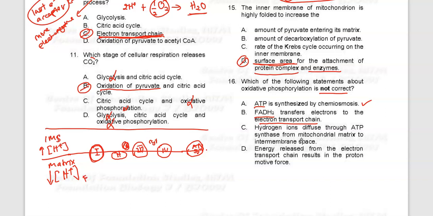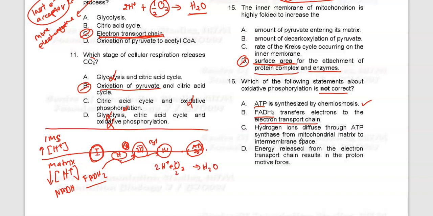The function of either FADH2 or NADH is that it carries electrons, and these electrons will be released from these two molecules and transferred. They pass from one electron carrier to another, and lastly will be received by oxygen, which combines with hydrogen ion to produce a water molecule.